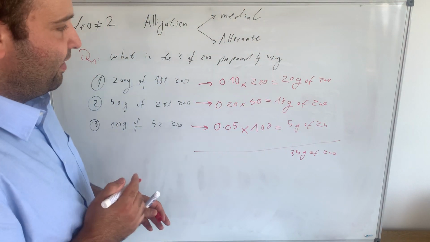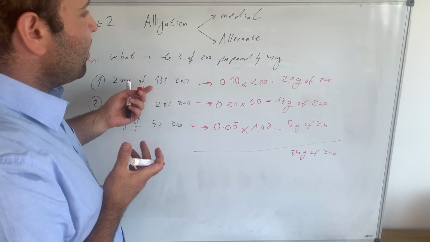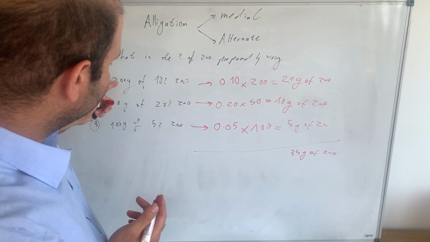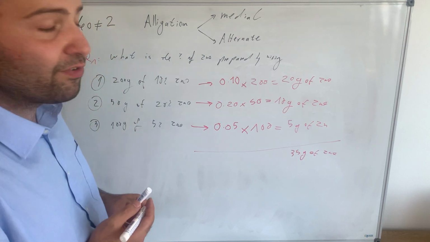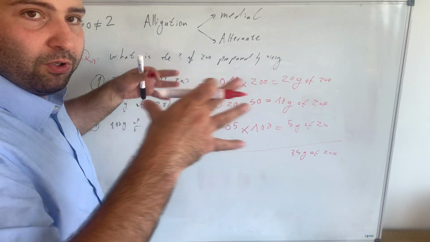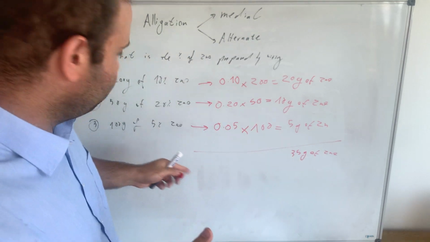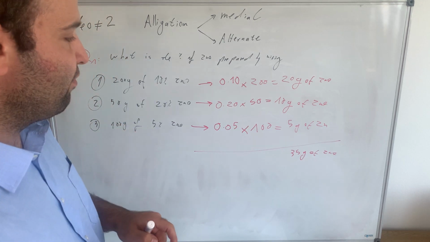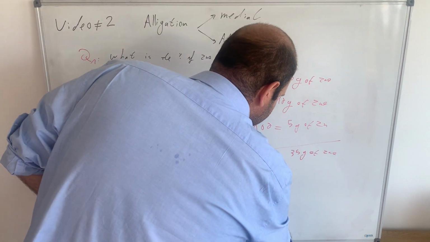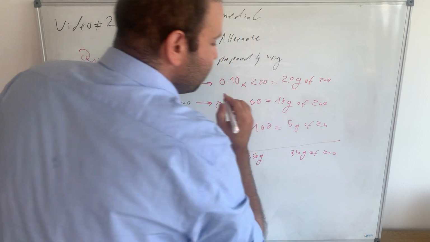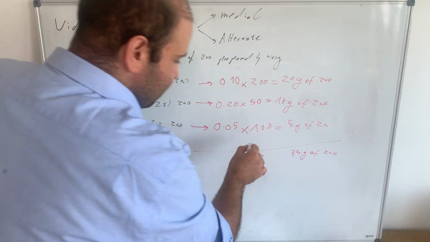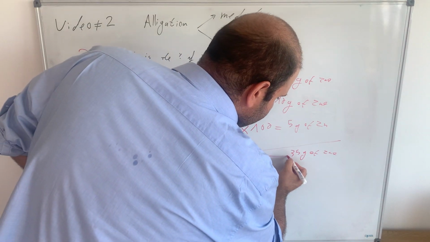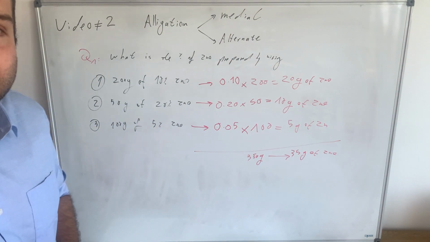And what did we prepare? We made a preparation by mixing 200 grams, 50 grams, and 100 grams. So if we mix all together, the final weight would be 200 plus 50 plus 100, so we prepared 350 grams of ointment. In this 350 gram ointment, there is 35 grams of zinc oxide.